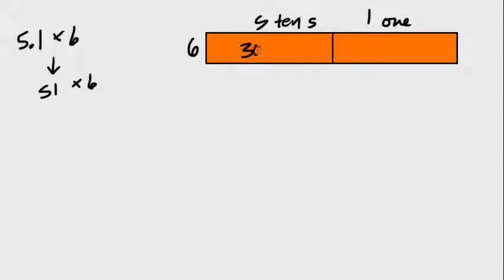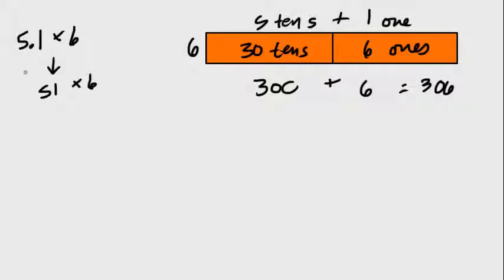So that's 30 tens, and that is 6 ones, okay? And then when we add them together, remember the plus, right? It's 30 tens, so it's 300, and 6 ones, so really our answer should be 306 if it was 51.